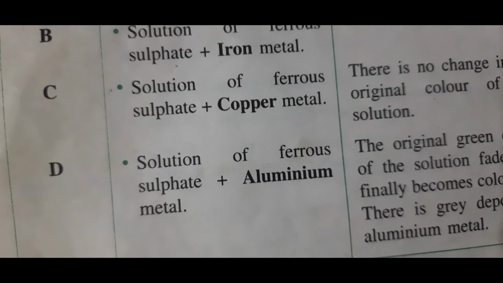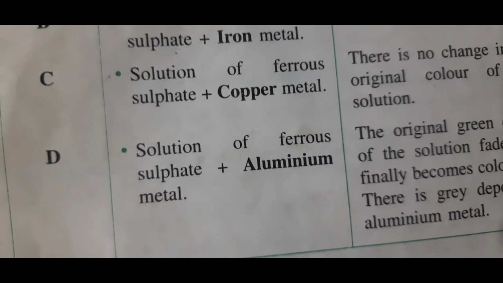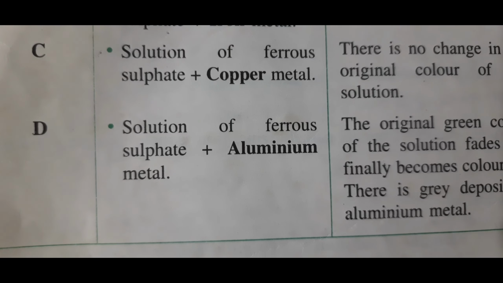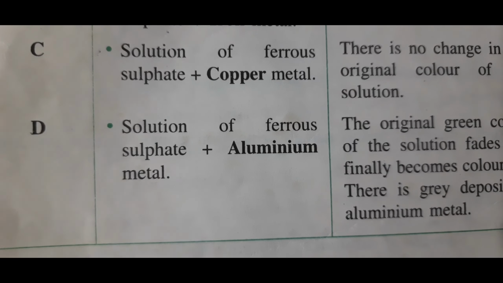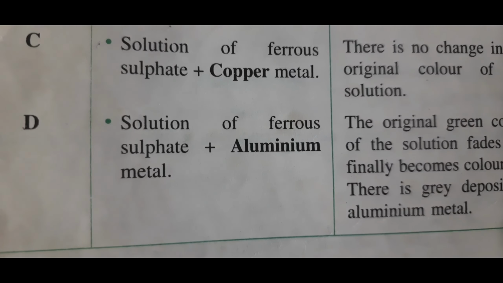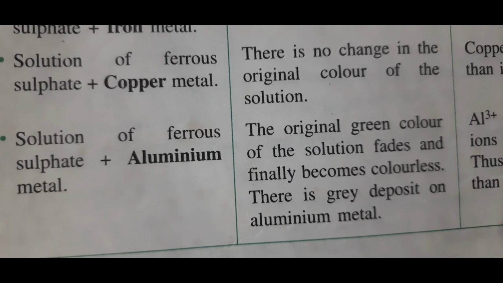Now D. Solution of ferrous sulfate plus aluminium metal. What happens? The original green color of the solution fades and finally becomes colorless.